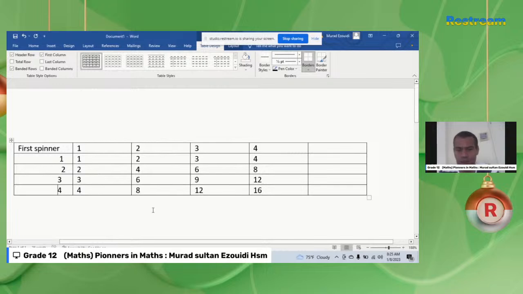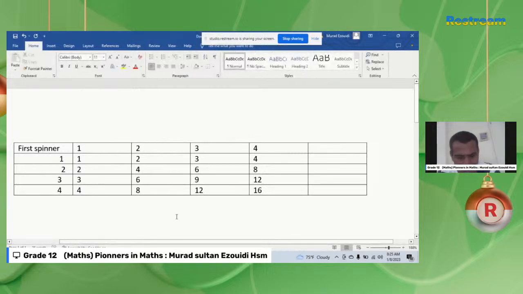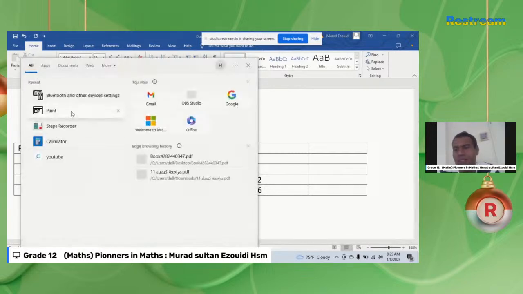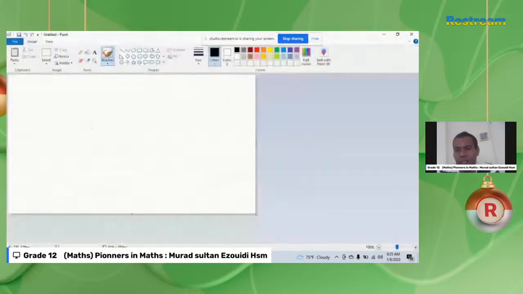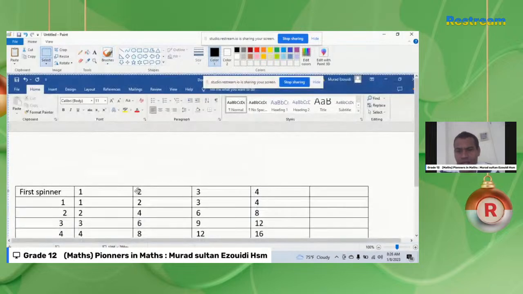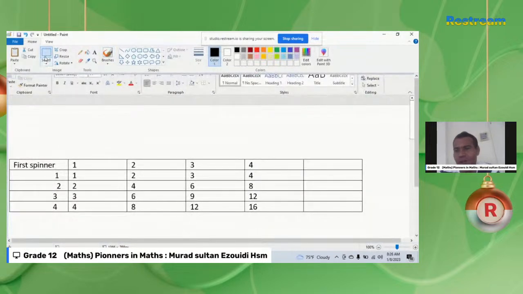So learners, I will use these techniques. I will use paint, paste it, and cut this, so it will be here.